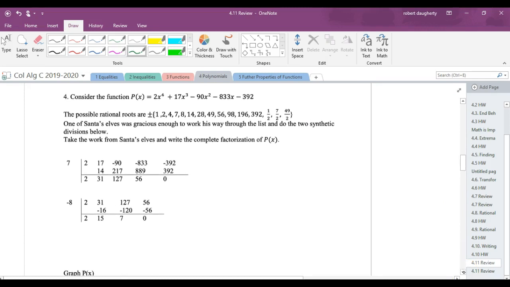Consider this polynomial. Possible natural roots are listed as follows. One of Santa's elves was gracious enough to work his way through the list and do the 2 synthetic divisions. So, what this means, Santa's elf found that x equals 7 is a root. x minus 7 is a factor.